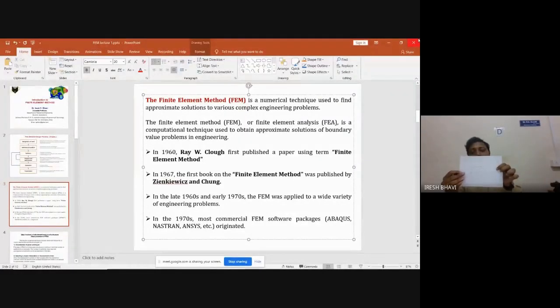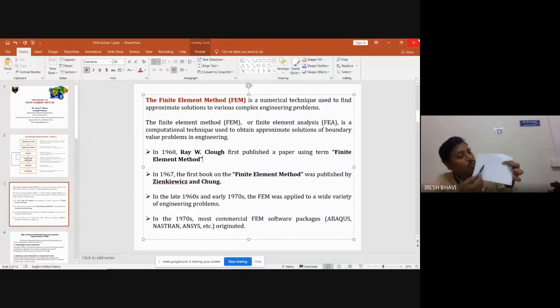Finite means what? Countable. Even if it is 100,000 crore or 1,000 billion also, it is countable, no? They all are called finite values.